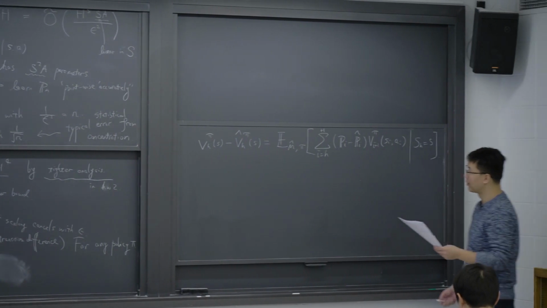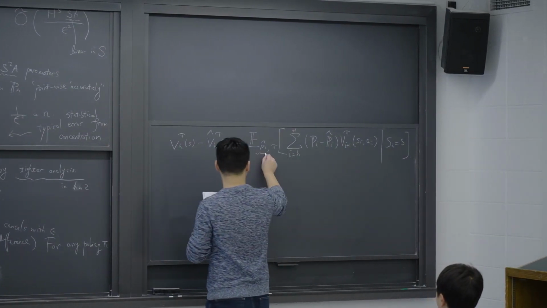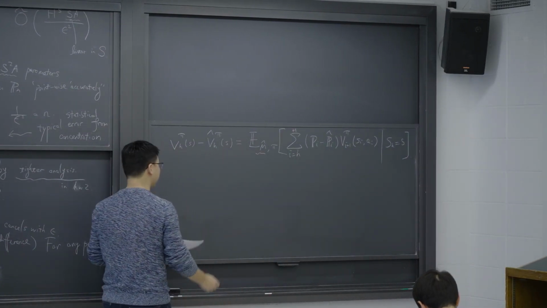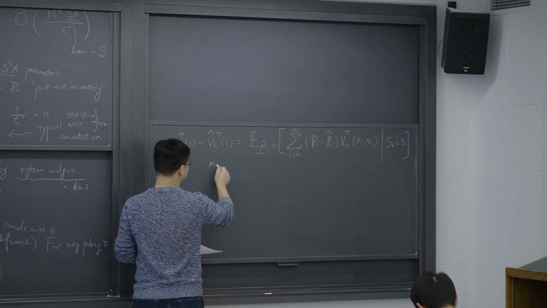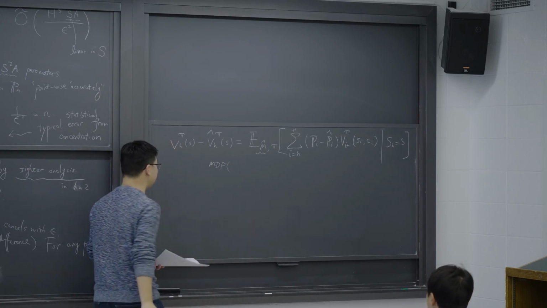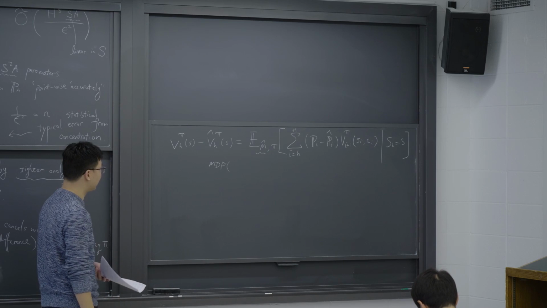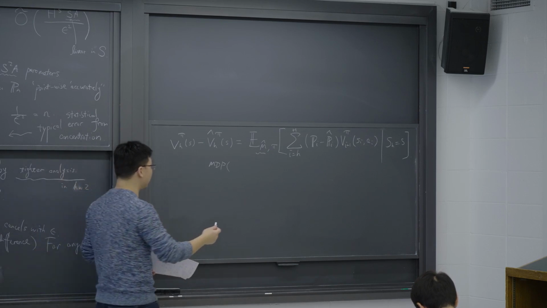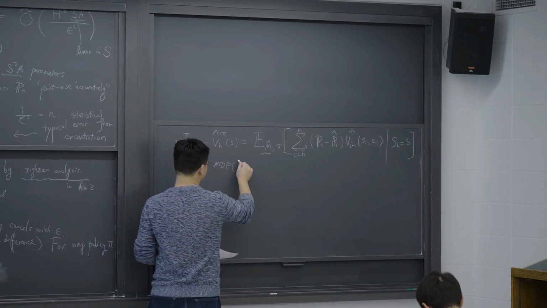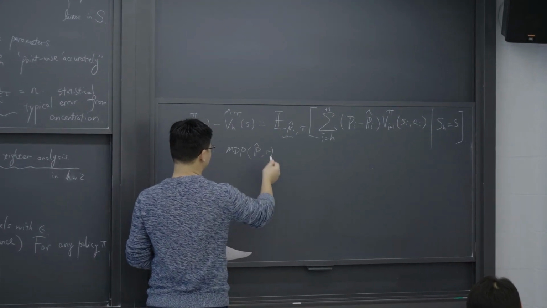First, let's introduce what this notation M hat is. I don't remember if I said this in the last lecture, but you can think of M hat as a new MDP where you use P hat as your transition and R as your reward.